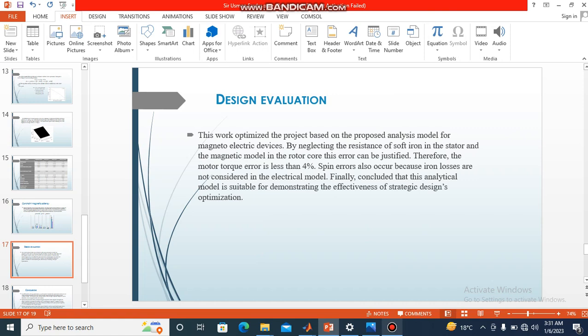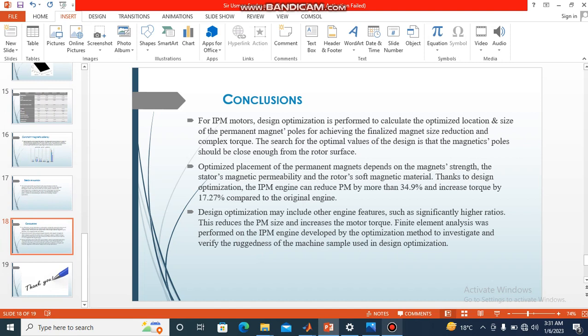Speed error also occurs because iron losses are not considered in the electric model. Finally, we conclude that this analytical model is suitable for demonstrating the effectiveness of the design optimization. In this slide, we told you about the design evaluation of the motor that we use in this project.